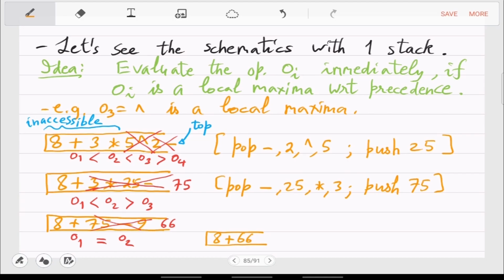I don't know. I just thought they are equal. Yeah, so these things you have to see in your pseudocode. So there are actually many corner cases to be handled. But yeah, here you are at least getting the correct answer.